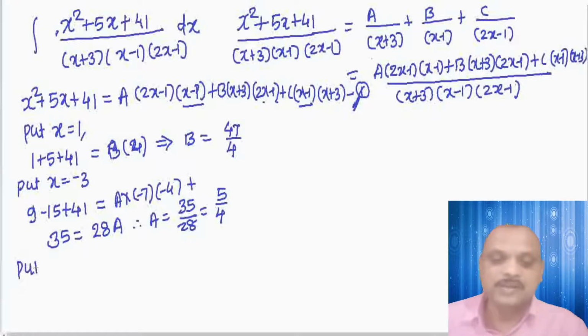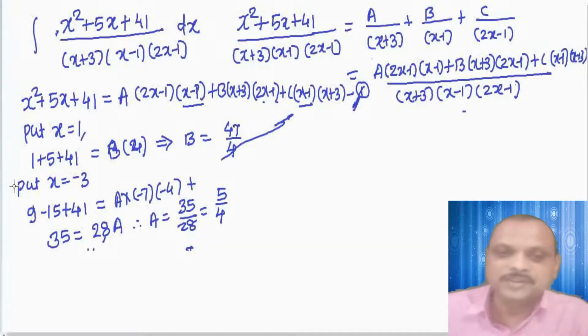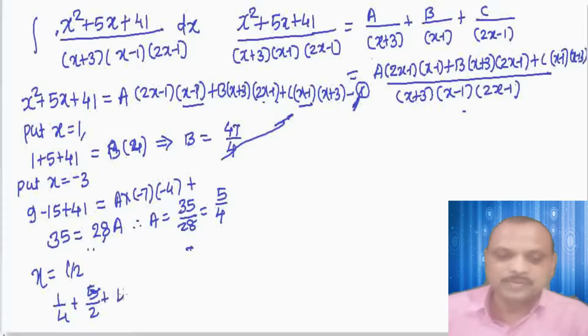Now to find the value of C, we put x equal to 1 by 2. If we put x equal to 1 by 2, we have 1 by 4 plus 5 by 2 plus 41 equal to C into minus 1 by 2 into 7 by 2.